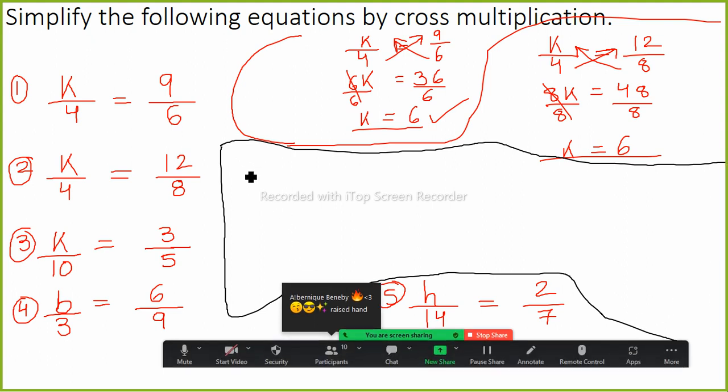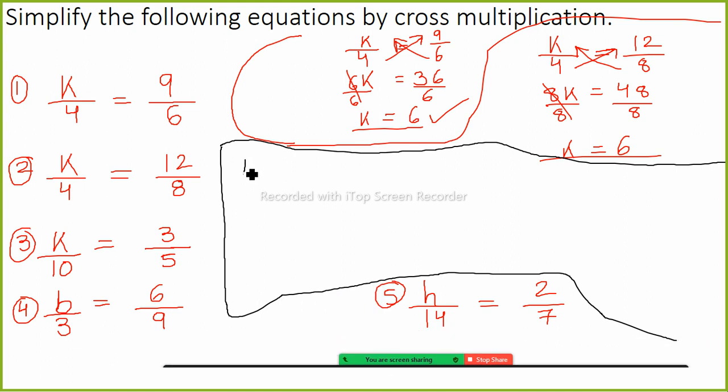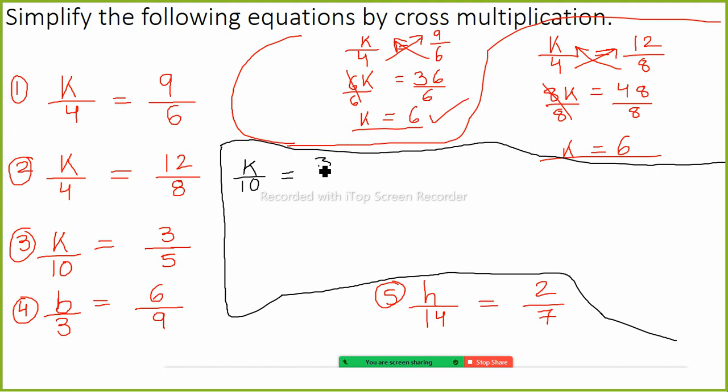Okay, let's try it. So we have k over 10. I do it over my head, then I write it down. Okay, so let's see if that mental math worked. k over 10 equals 3 over 5. We multiply 10 times 3, which gives us 30, and k times 5, which is 5k.